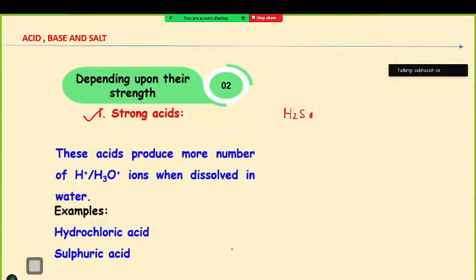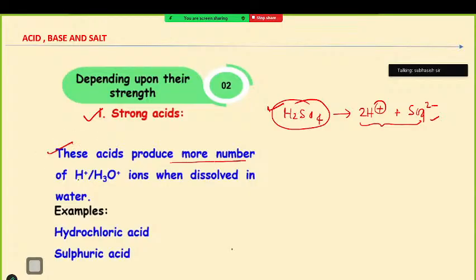If you consider sulfuric acid, it dissociates near about 100% with the formation of H plus and SO4 2 minus, and that's why the undissociated form of sulfuric acid becomes very small. That's why these acids produce a greater number of H plus or H3O plus ions when dissolved in water, and these acids are termed strong acids, like hydrochloric acid and sulfuric acid.